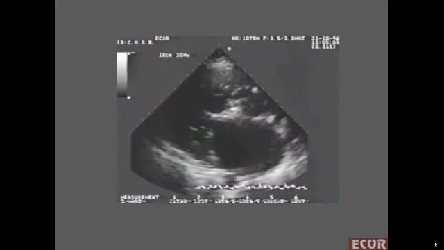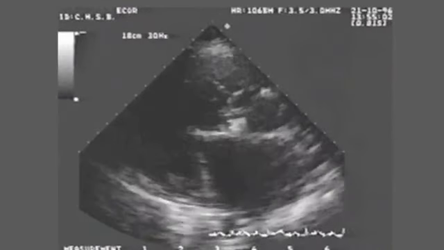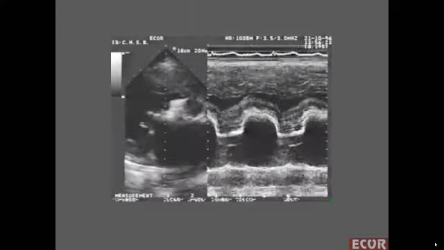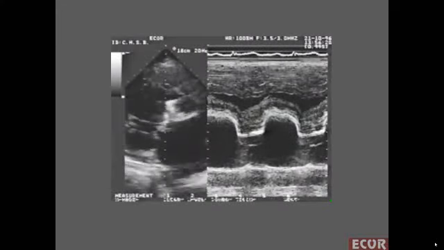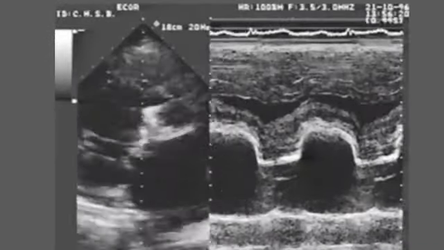Look at this patient. It looks like a calcified rheumatic aortic and mitral valve. Now let's aim the cursor to the left ventricular outflow reaching the aorta and base of the mitral valve.